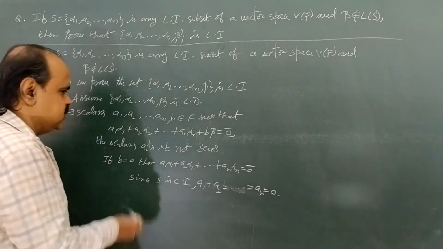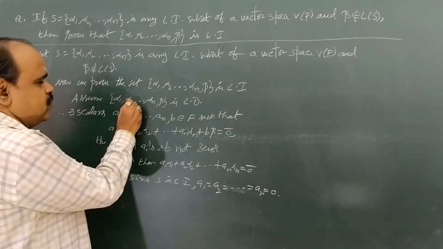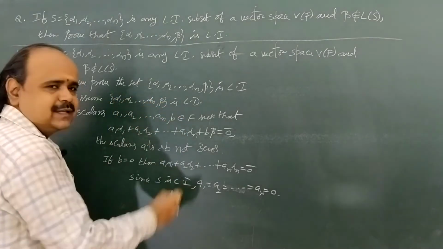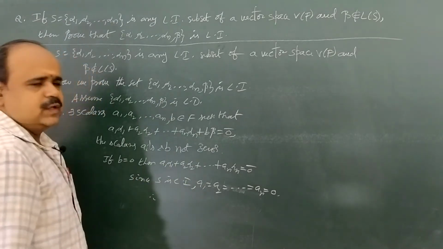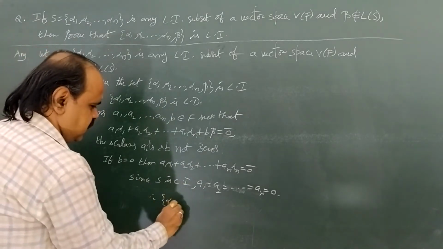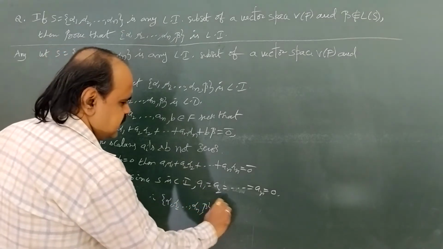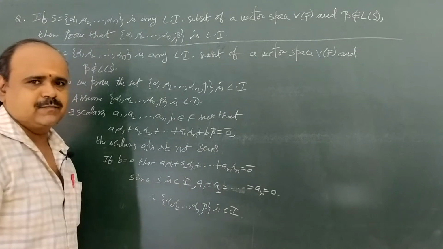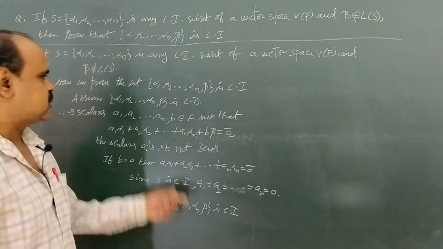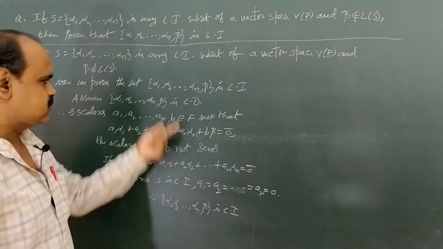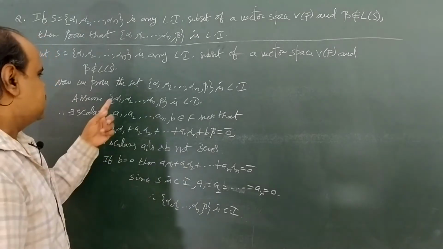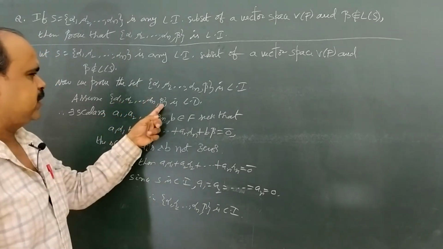Therefore, from this, the set alpha 1, alpha 2 and so on alpha n, comma, beta is Li. Therefore, the set alpha 1, alpha 2 and so on alpha n, comma, beta is linearly independent. But this is a contradiction to our assumption. Our assumption was that alpha 1, alpha 2 and so on alpha n, comma, beta is LD.